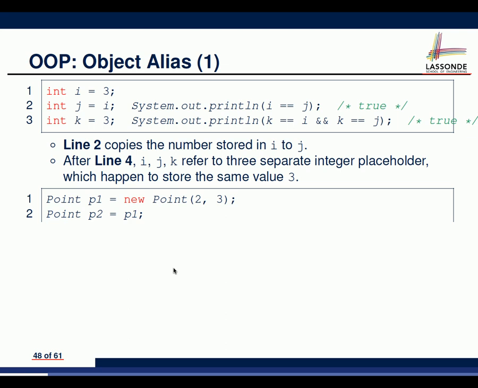Because remember, p1 stores the address of some point object. And now we are copying that address to some other variable, which means the consequence will be, after line number 2, p1 and p2 store the same address, referring to the same object. Okay? Let me emphasize that on the iPad over here.